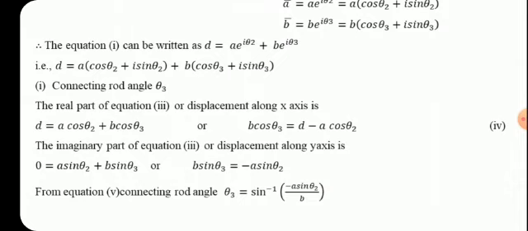From the equation fifth, the imaginary part of the equation, connecting rod angle theta 3 can be given by sin inverse of minus A sin theta 2 divided by B. From the equation fifth, we can write connecting rod angle theta 3, we can calculate sin inverse of minus A sin theta 2 by B.